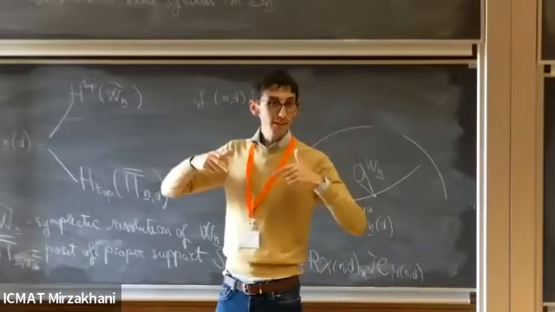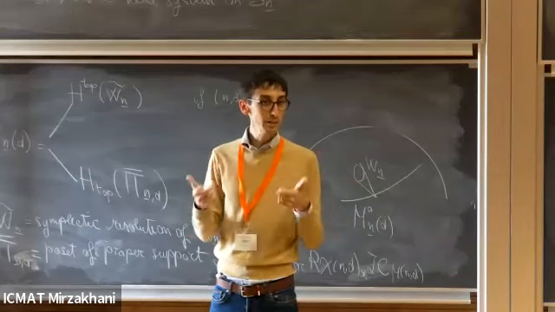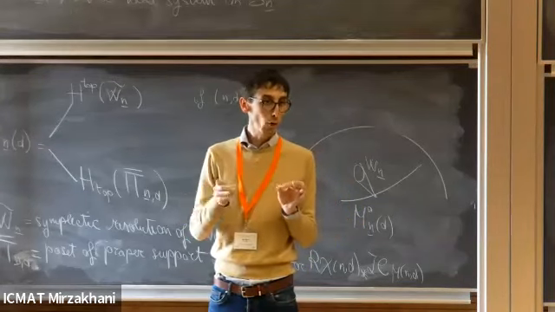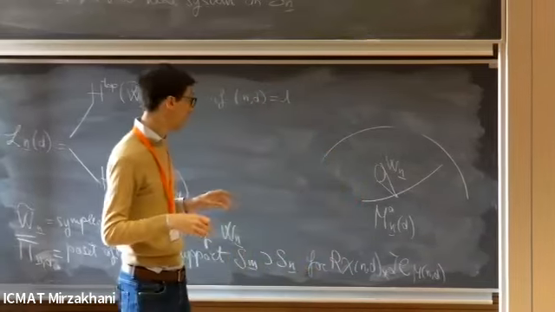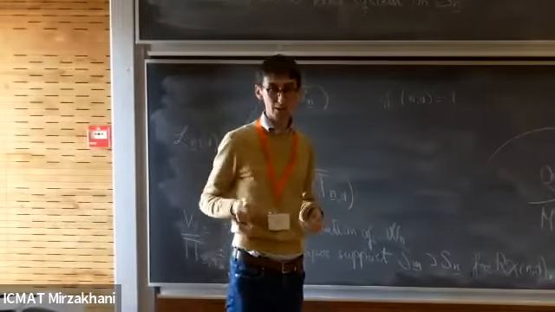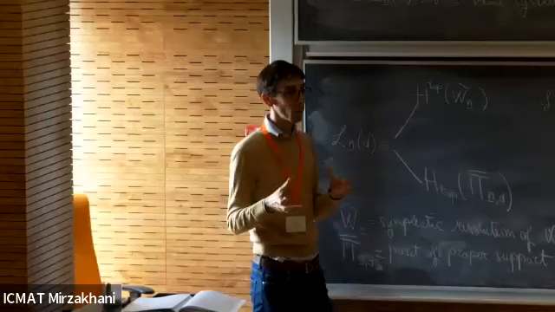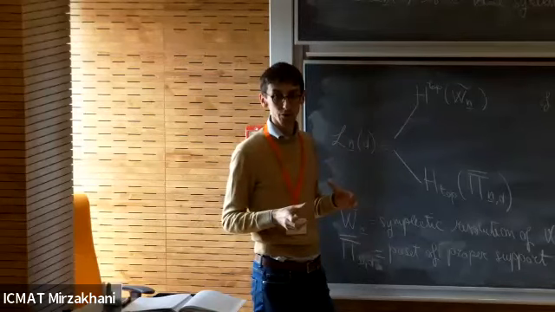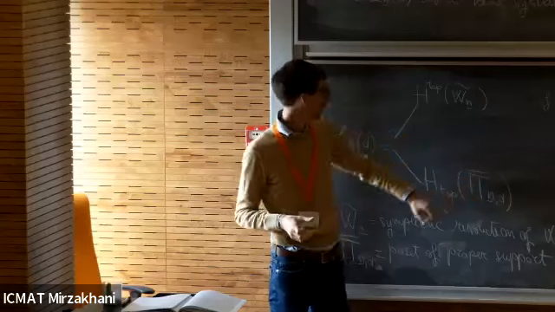Now I can take the CW complex realization of this poset, the CW complex obtained in the following way. All the cells of the CW complex correspond to the chains in this poset. We prove that this is shellable, which means that this poset has the homotopy type of a wedge of spheres. The number of spheres is this topology.